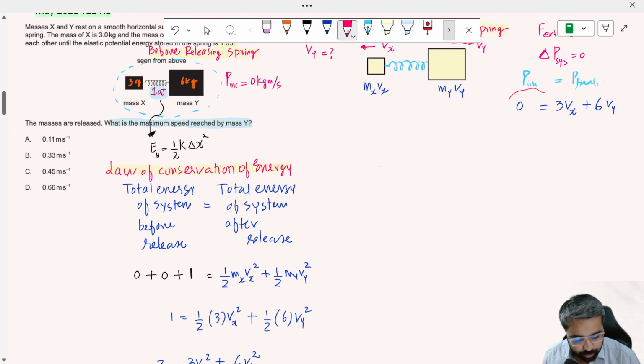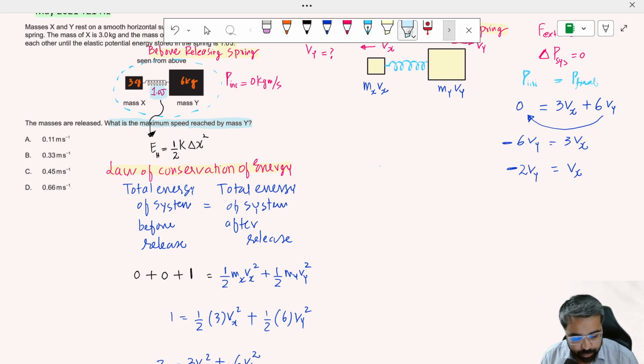Right now we can get one variable in terms of another. If you take the 6vy term to the other side, it will be negative 6vy is equal to 3vx. So vx, the velocity of x, is equal to negative 2vy.